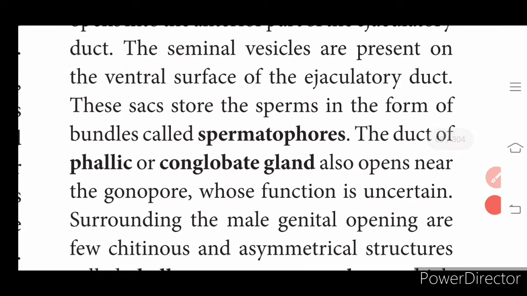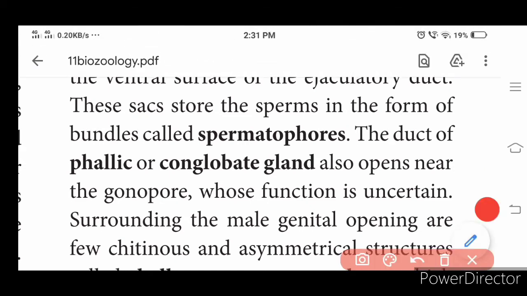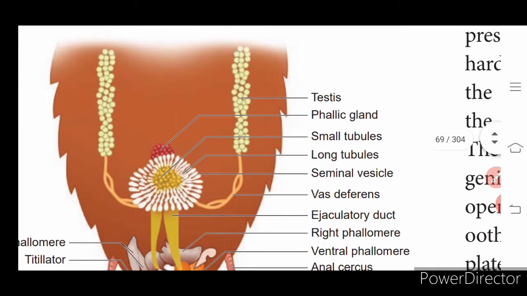The seminal vesicles are present on the ventral surface of the ejaculatory duct, where the male gametes are stored in bundles. Again and again we are learning this because it seems to be important: the male gametes are found in bundles, called spermatophores. The duct of the phallic or conglobate gland also opens near there.